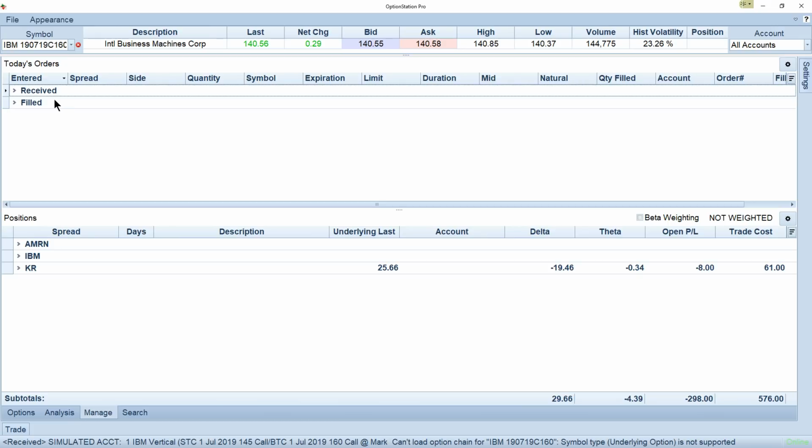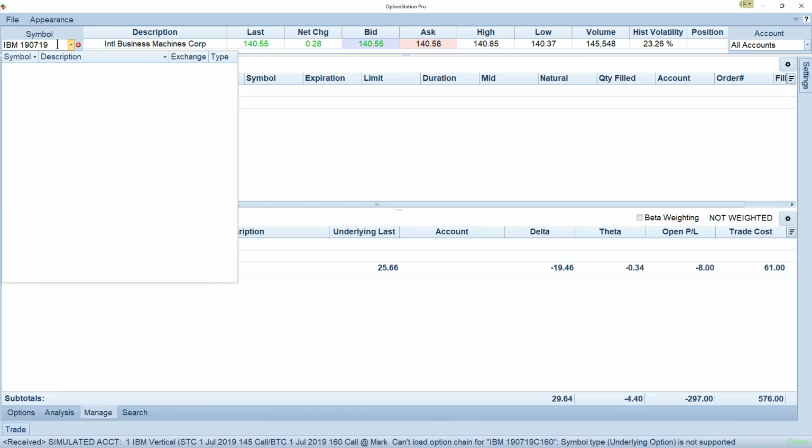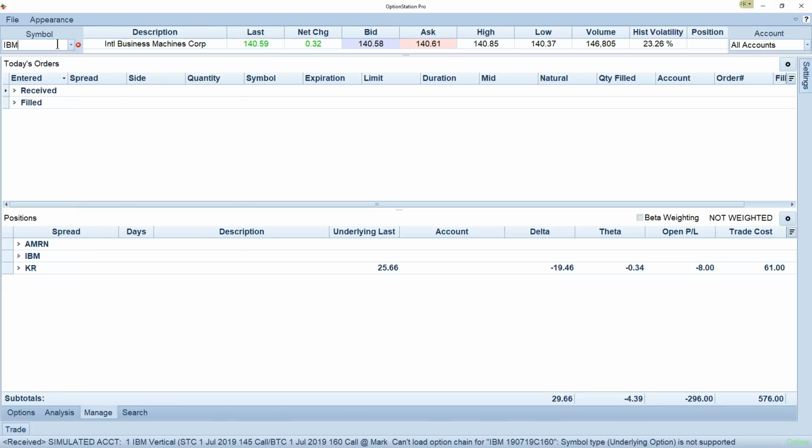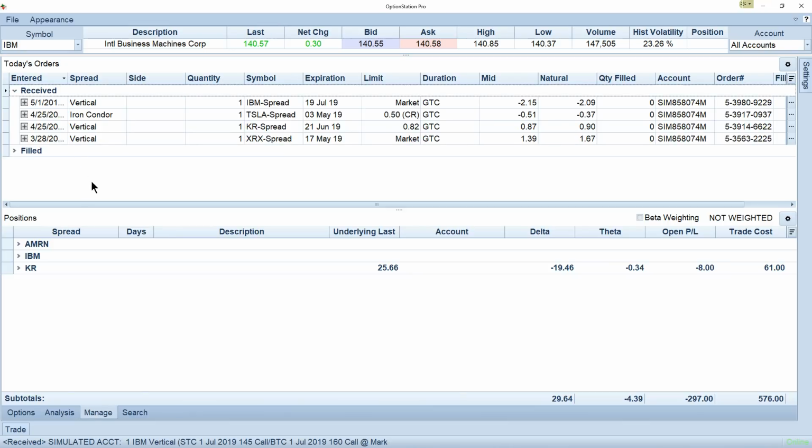Okay, and by the way, because I am executing in a simulated account, it's not ideal, because I don't know if you know this or not, but with TradeStation, in a simulated account for options, not for futures or stocks, but for options, you only get filled if you execute at market price. There have been many trades here, like Tesla, KR, XRX.